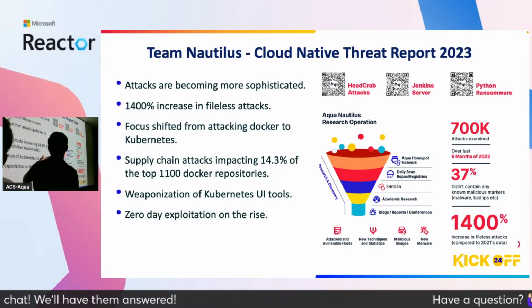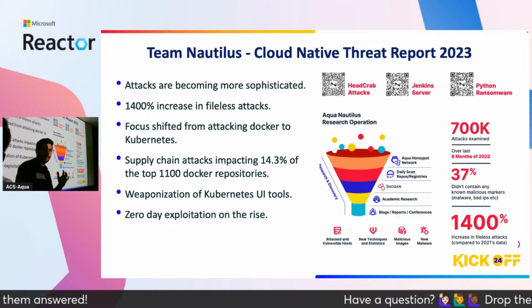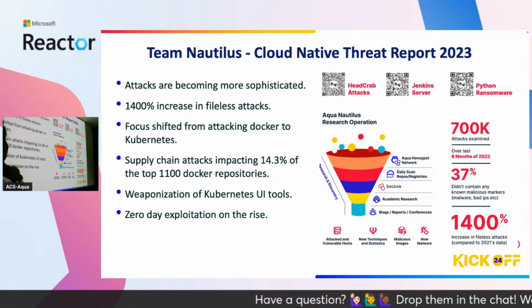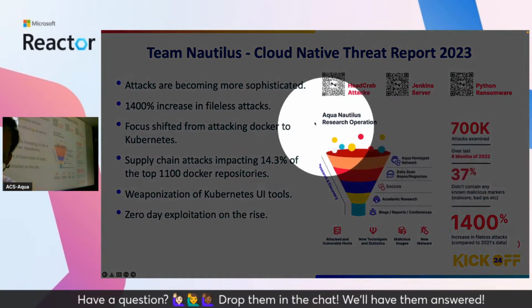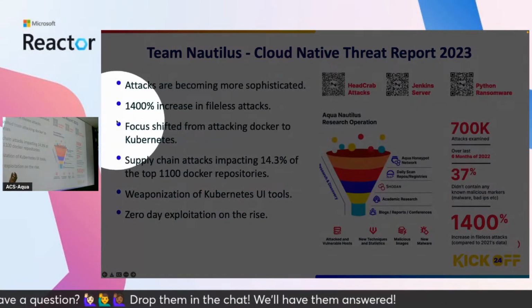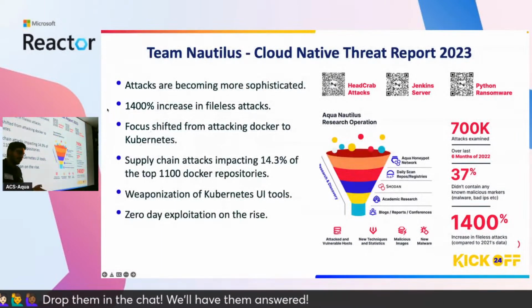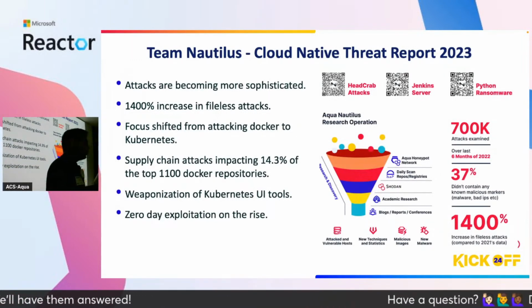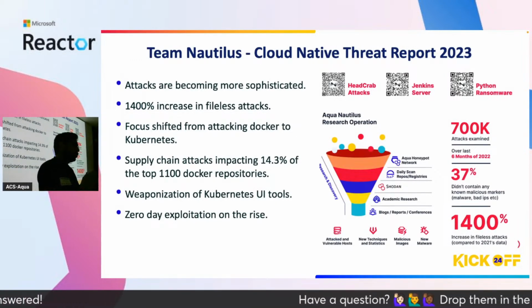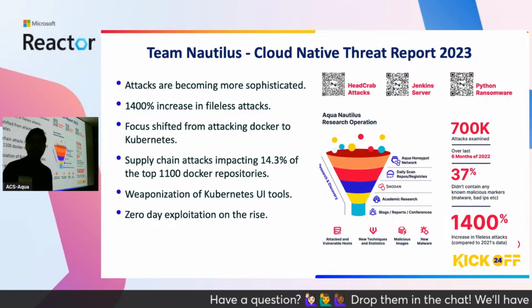The attacks are definitely becoming more sophisticated. We are seeing a 1400% increase in Pulse attacks today. So if you're using an agentless approach to secure your workloads in the cloud, you won't see these attacks. They will go unnoticed altogether.